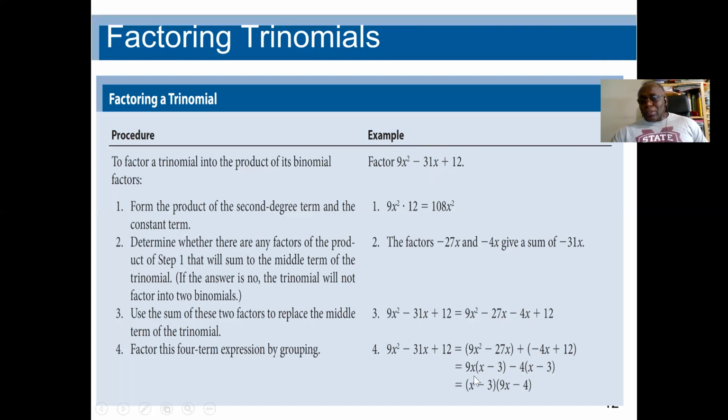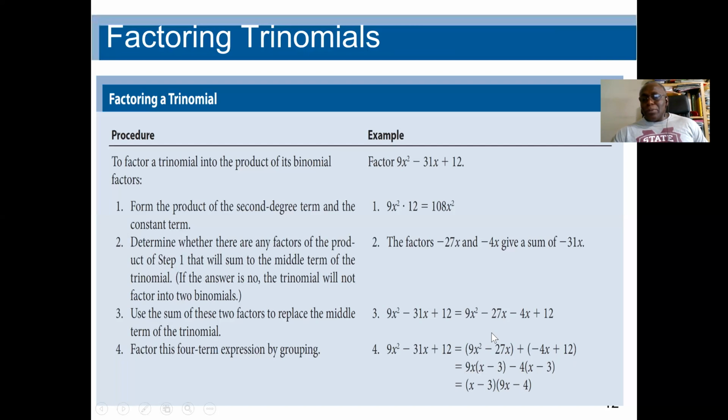So we get 9s squared minus 27s plus minus 4s plus 12. 9s is common here, we get s minus 3. 4 is common here, s minus 3. Then we combine it, so we get (9s - 4)(s - 3), because s minus 3 is the common term in the two terms left.